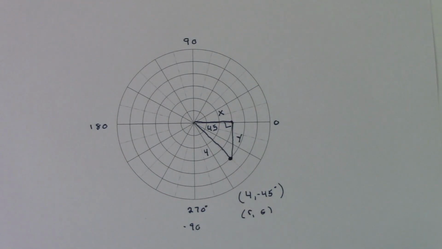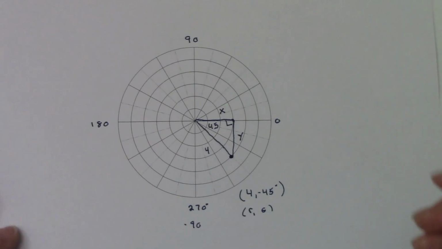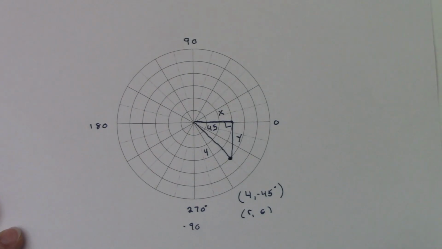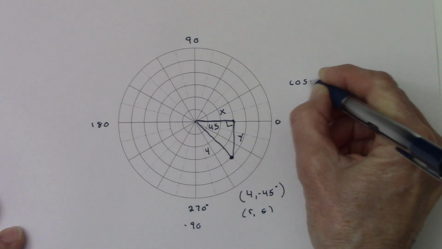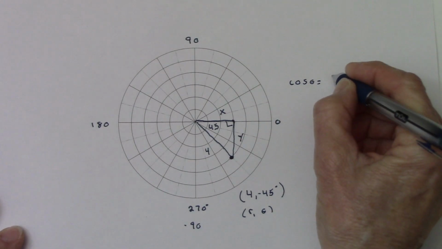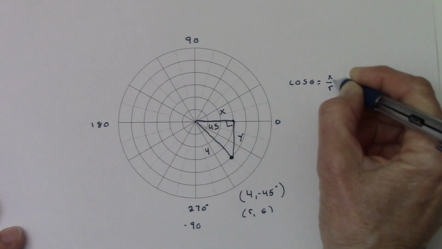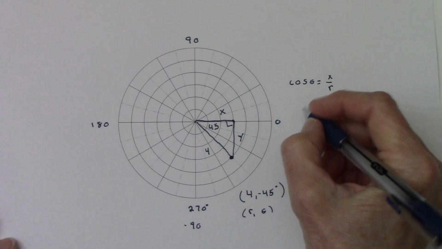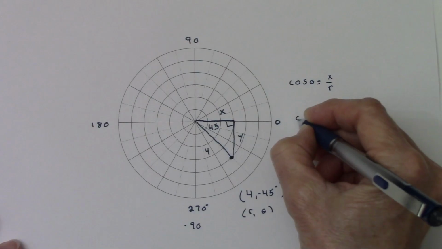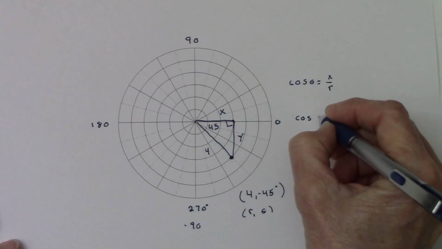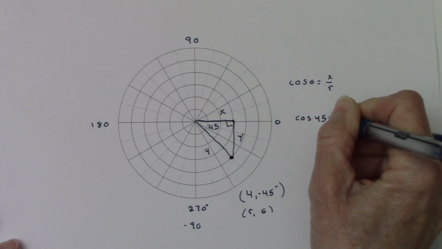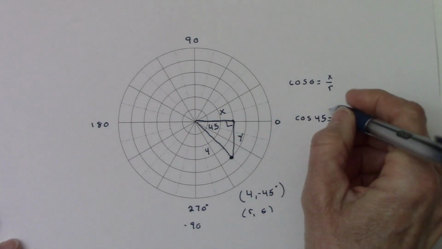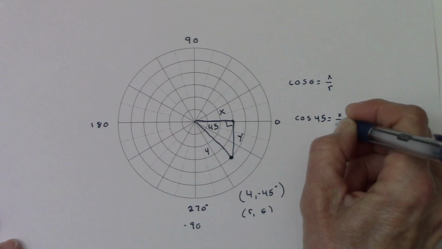Now, just like in the previous example, the cosine of theta is x over r. So when I plug in my values, I'm going to have the cosine of 45, and if you want to work through with the negative, that's fine. So the cosine of 45 is the x value over r, which is 4.